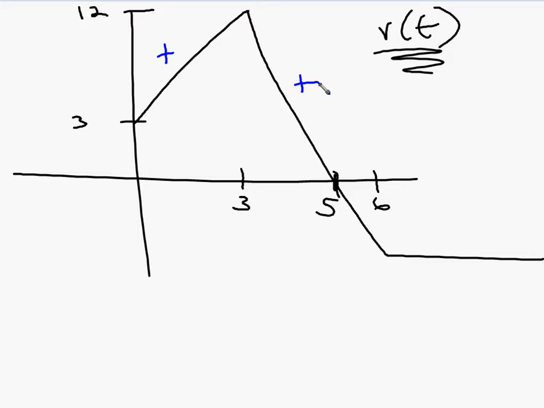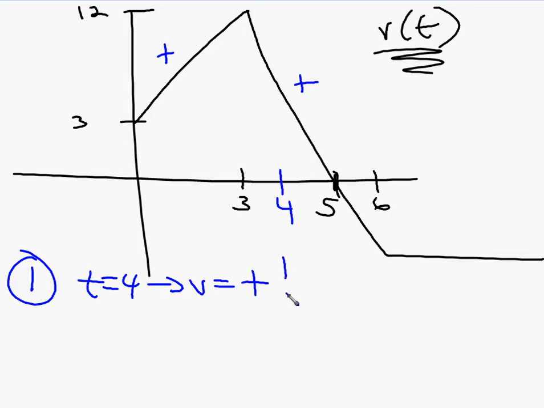Yeah. Now, it would have a negative slope, but we're not concerned about that right now. We just want to know, is the velocity positive or negative at time t equals 4? I'm answering question 1 under example 2. At t equals 4, the velocity is positive, which means that it's moving to the what? To the right.